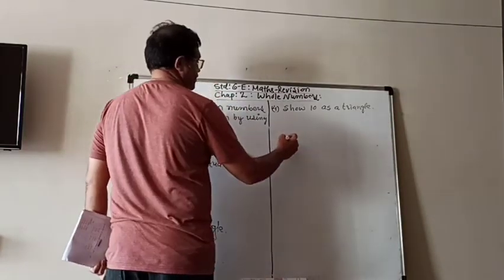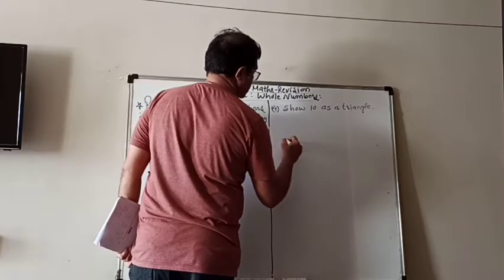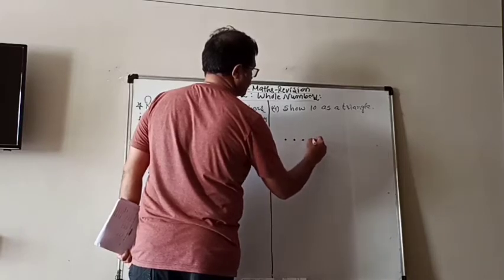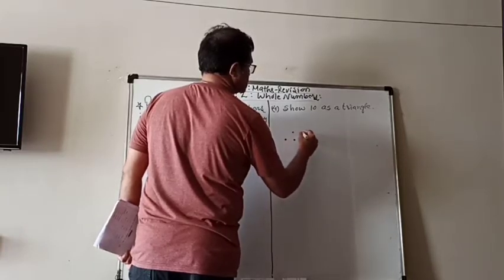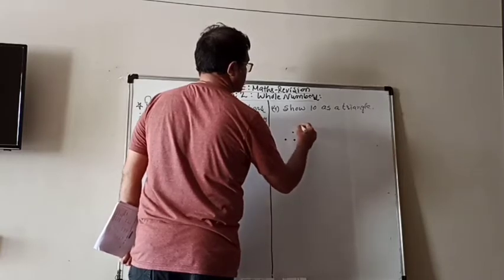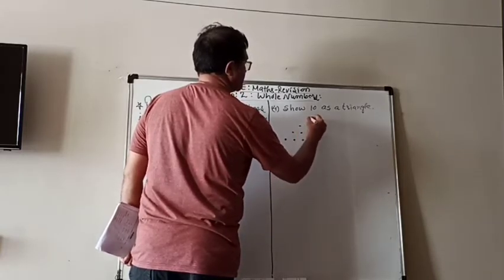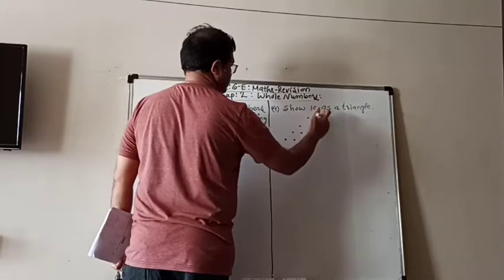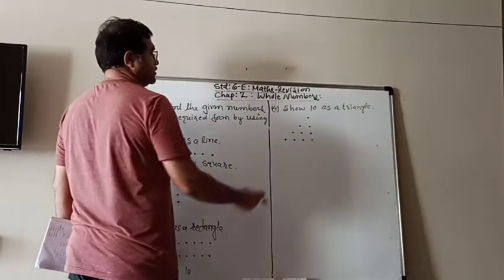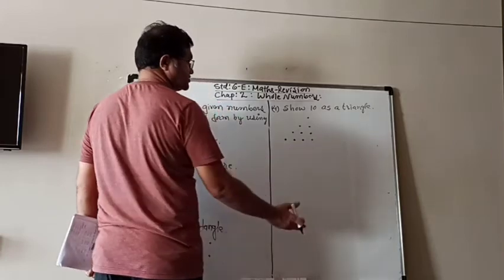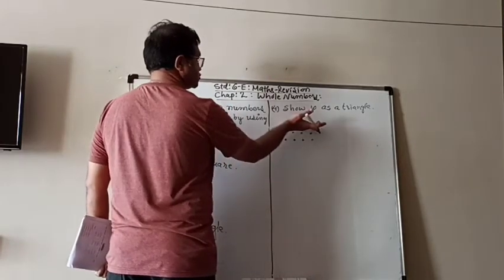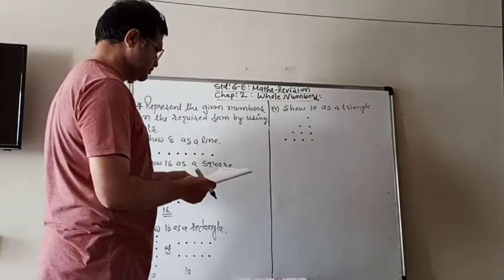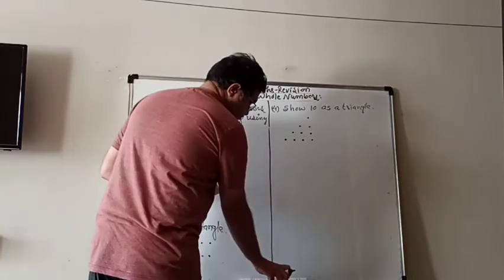So now here we represent it like 1, 2, 3, 4, 5, 6, 7, 8, 9 and 10. So we make a right triangle so that those two sides are equal, and in it the number of dots is decreasing, 4, 3, 2 and 1. And that is the way we can represent the numbers using dots.